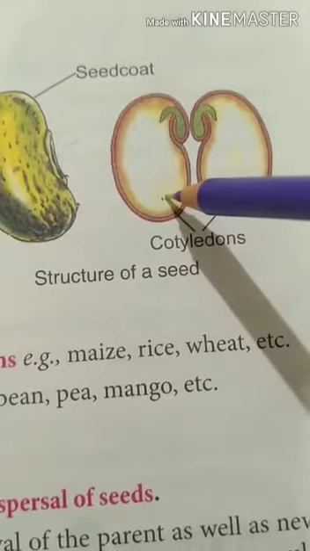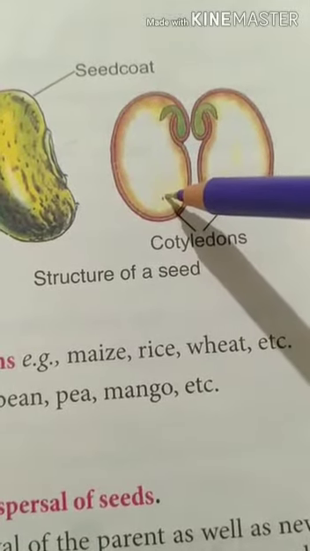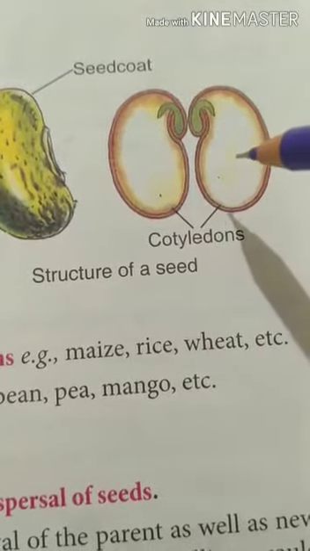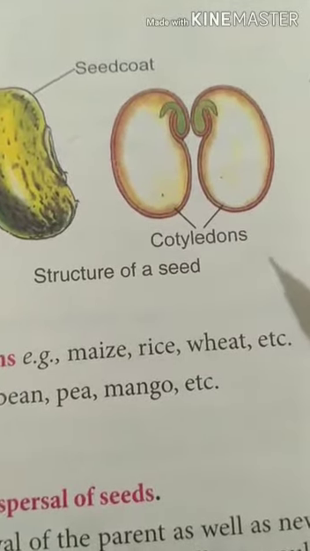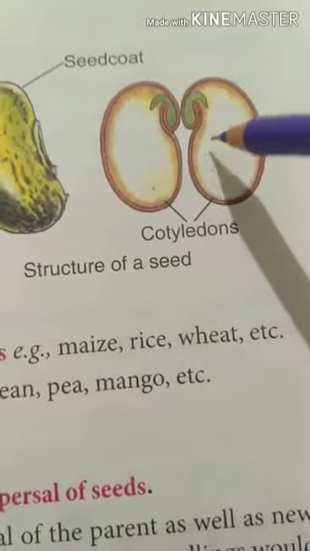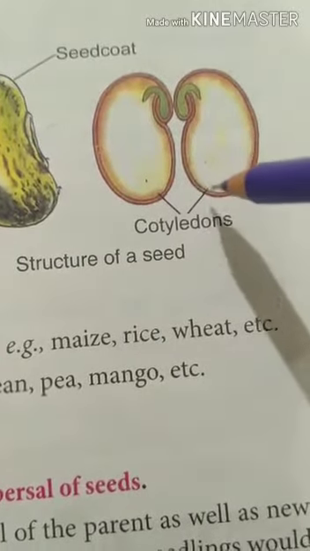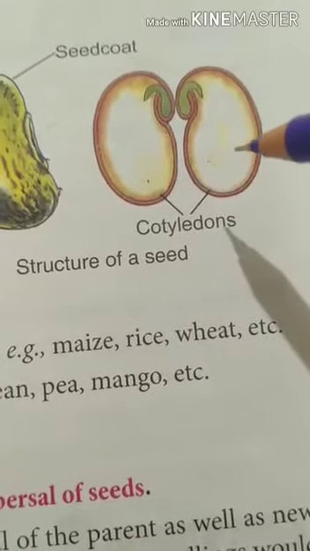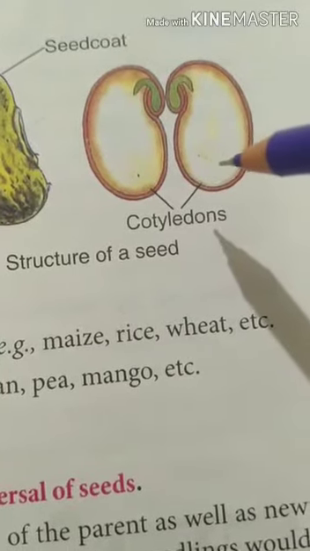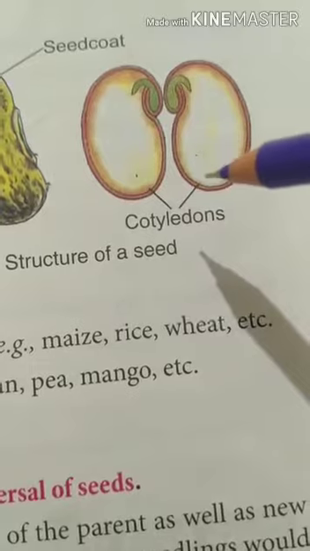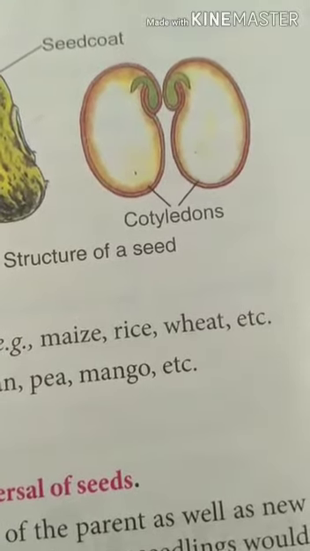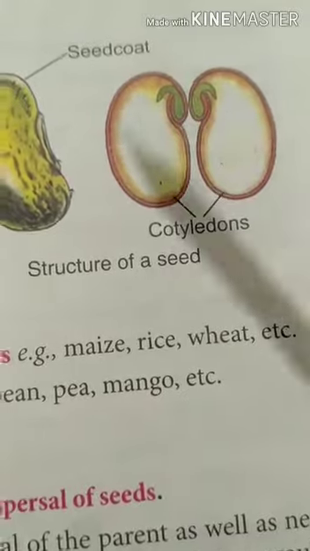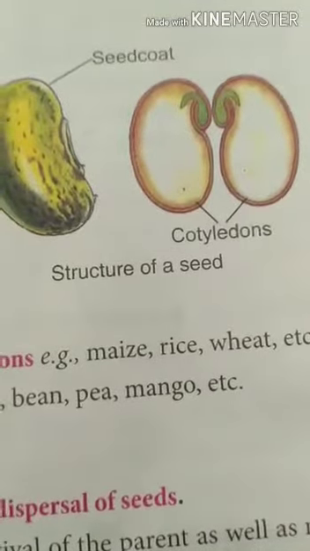Seeds which have only one cotyledon are called monocotyledons, and seeds which have two cotyledons are called dicotyledons. The cotyledon stores food for the baby plant, and this baby plant grows into a root system and shoot system and then develops into a new plant. This is the structure of a seed.